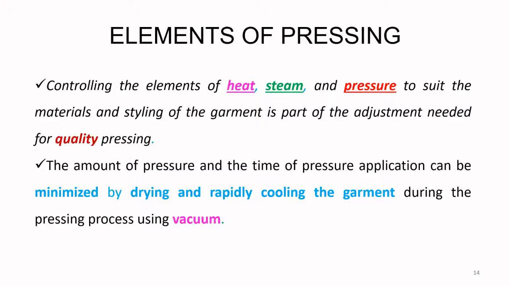Now, why do we have to use the vacuum and immediately dry and immediately cool the garment? Because imagine wax. When you take wax, you melt it and you put it in a container of a particular shape, and you fill that container with molten wax and you let it cool down.